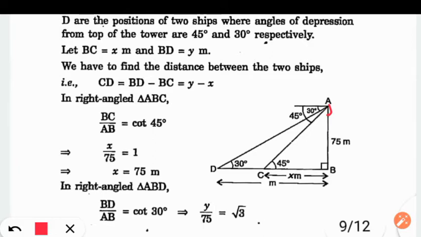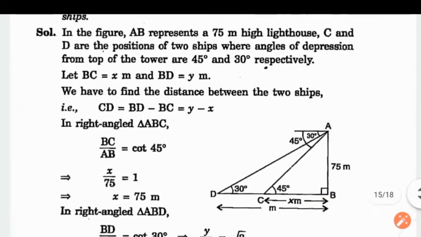Suppose this point D is the position of the first ship and point C is the position of the second ship, which are on the same straight line and the same side of the lighthouse. C and D are points on the same side of the lighthouse. They are not like this, that point C is here and point D is here, on the opposite side. They are on the same side.